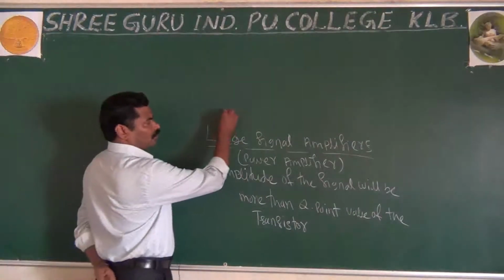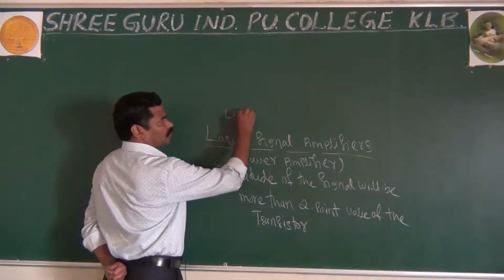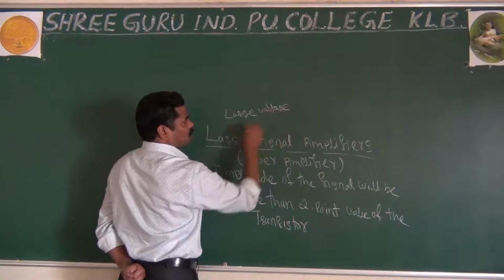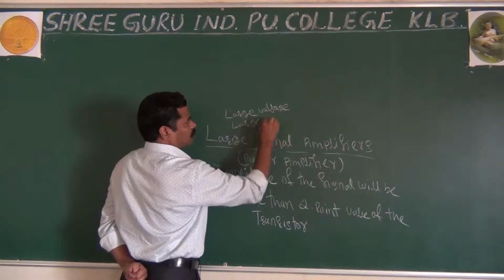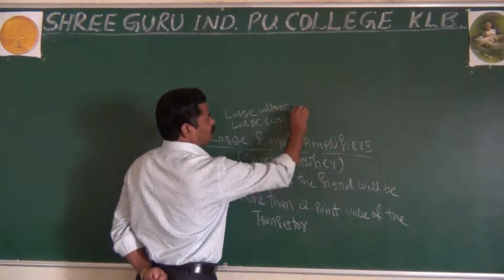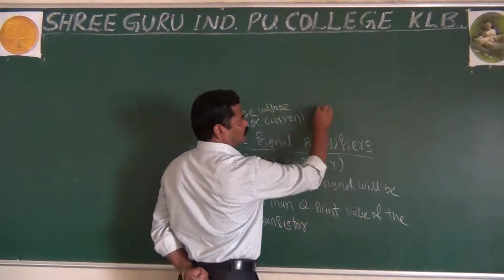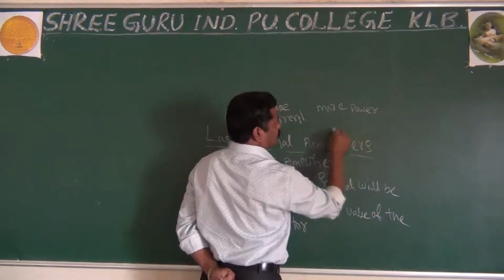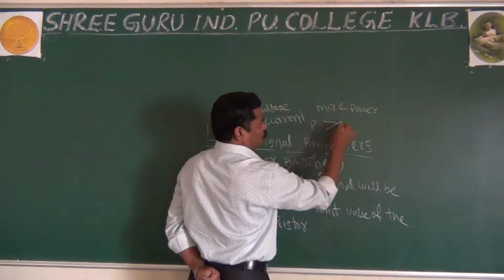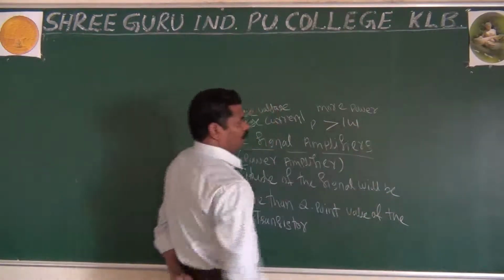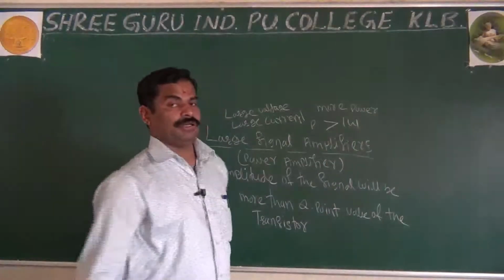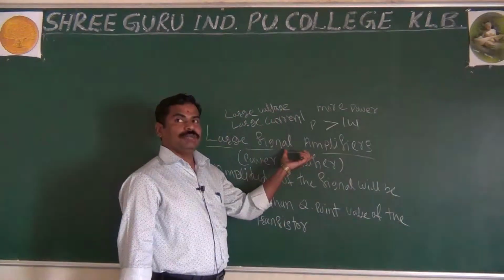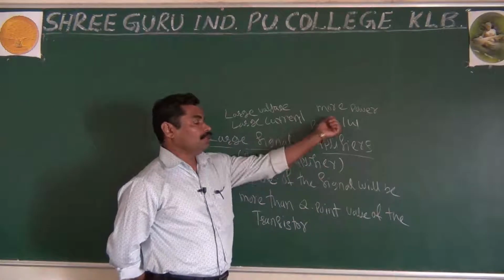Because here you are applying a very large voltage. Because of the large voltage you get large current, and once the current and voltage are more, you get more power, that is, more than 1 watt. In a small signal amplifier you get very small power, less than 1 watt, but in large signal amplifiers you get power that is more than 1 watt.